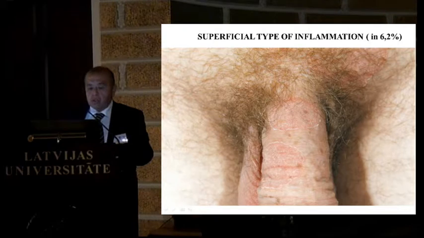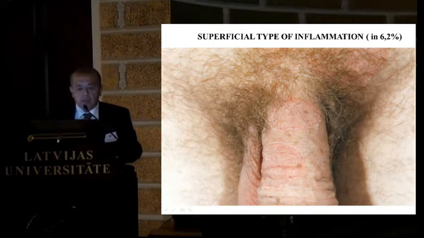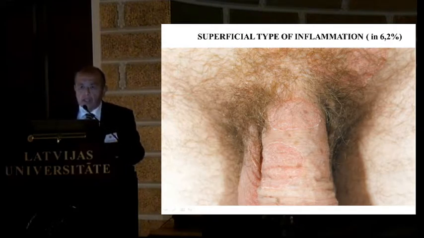You can see, for example, the superficial type of infection here. There is erythema and scarring, and this man was infected by his wife, and the wife at that time had carrion type lesions.